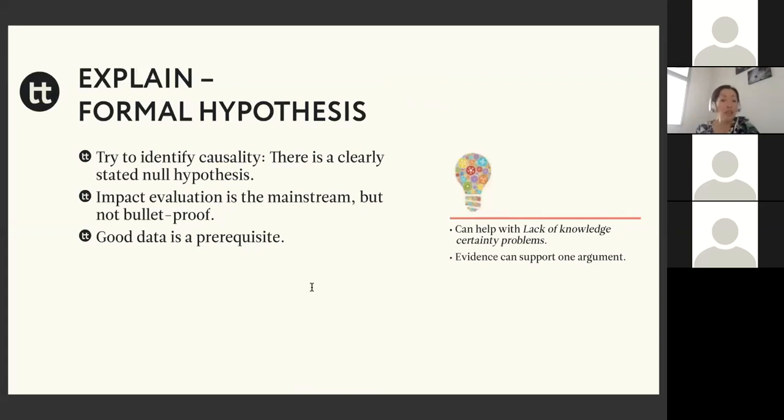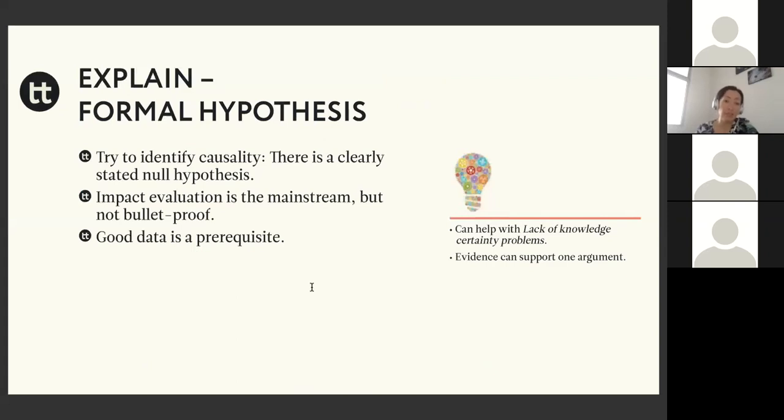When we're trying to do this formal hypothesis, we're usually thinking about, like I said, impact evaluation, econometric models. We can use other qualitative methods, but in general, when we're trying to explain something, we need very good data.